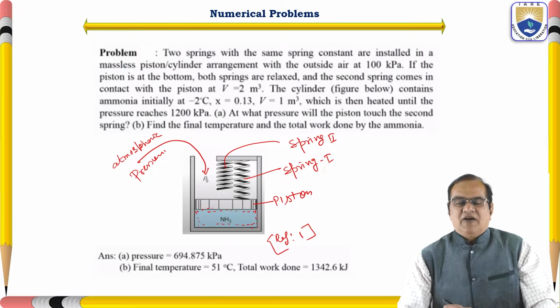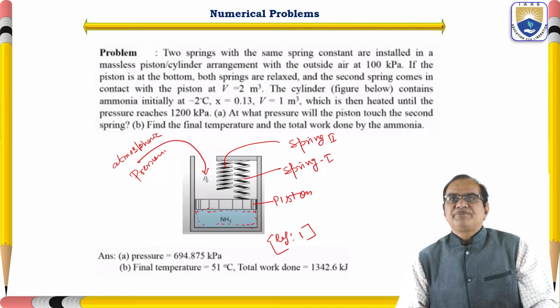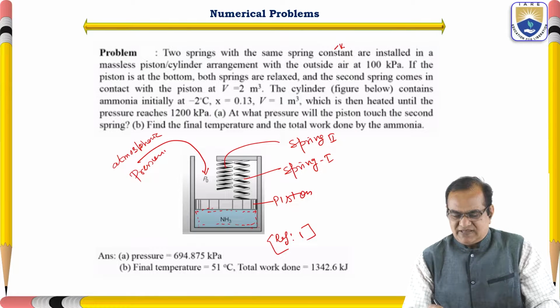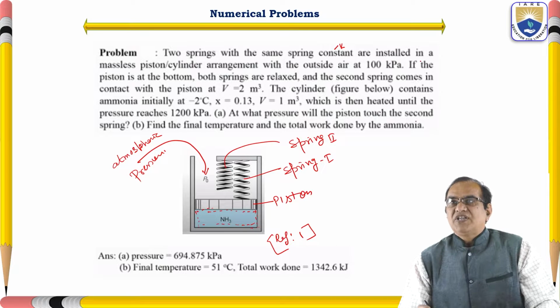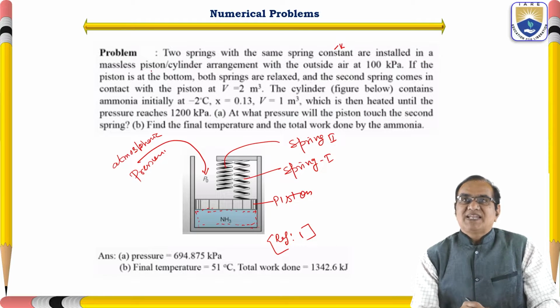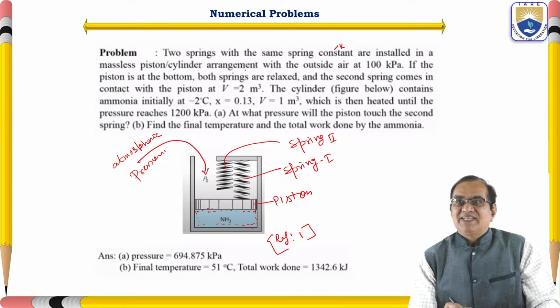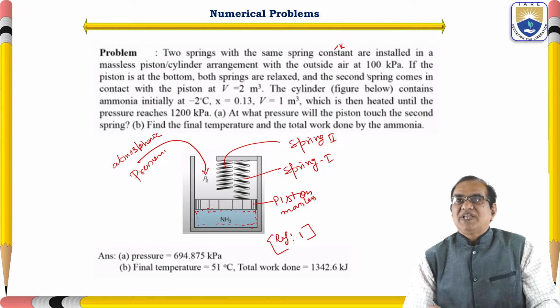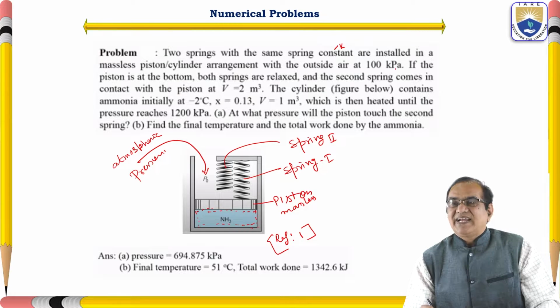So here first I will read the problem. 2 springs with the same spring constant K are installed in a massless piston cylinder arrangement. So this piston is massless, with the outside air at 100 kPa.